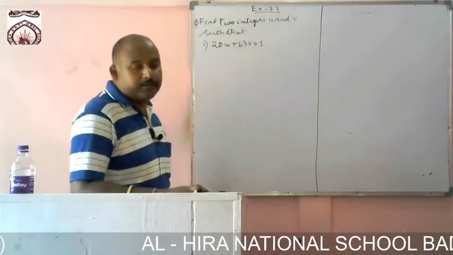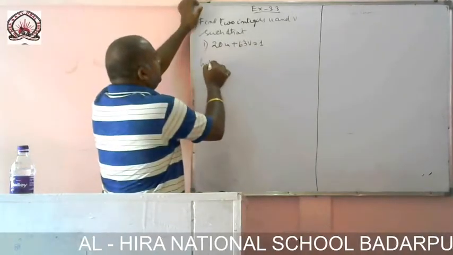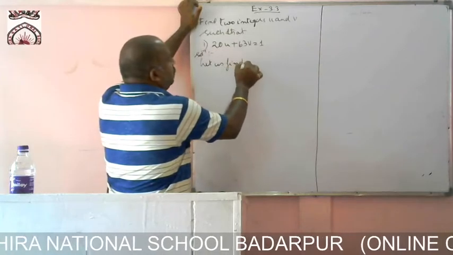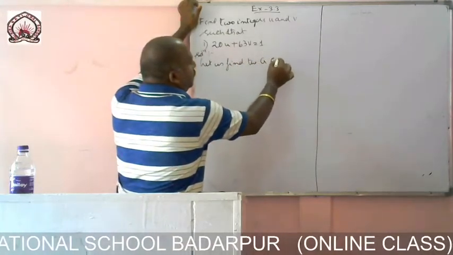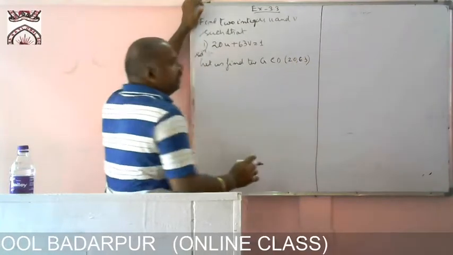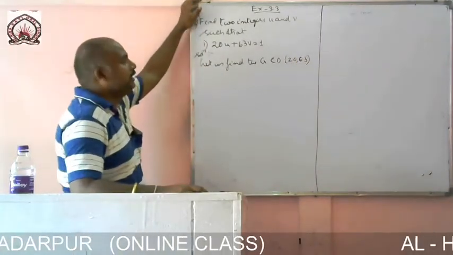Now, first of all, we have to find out, let us find the GCD of 20 and 63. Okay. Let us find out the GCD of 20 and 63.